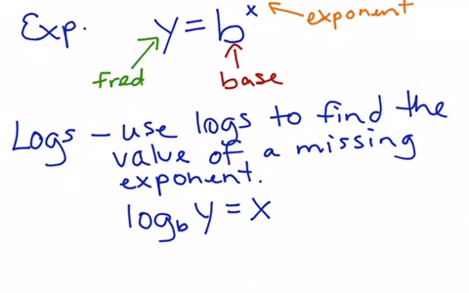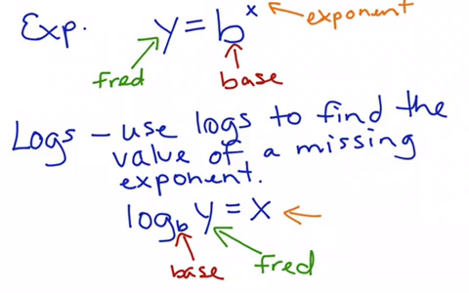That's the form. I use the same variables here as I did above because this is how they relate to each other. The little subscript number is your base. The y is Fred, and the x over here is that exponent.